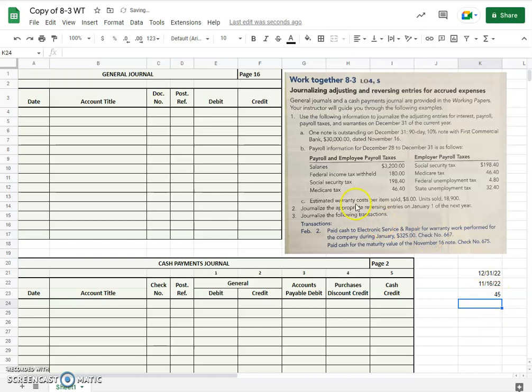45 days. Okay, so now I'm going to figure out what our entry needs to be for the amount of interest expense to accrue. The amount is going to be the principal, which says it was $30,000, times the interest rate, which says it's 10%.